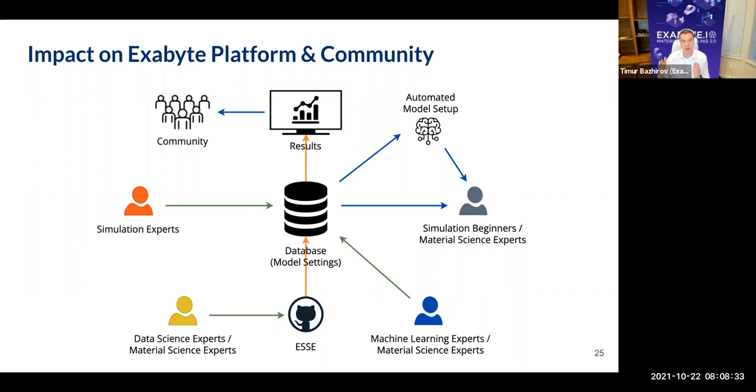So if you have local directories or directories on some other high-performance computing system where you executed calculations, you can use this tool to upload important information like material structures and the properties that were calculated during these simulations to the Exabyte platform. And then after that, you can use our RESTful API to retrieve these properties back and to have them stored inside the standards that we deploy.